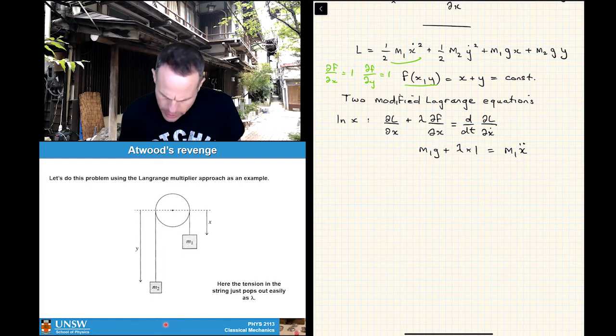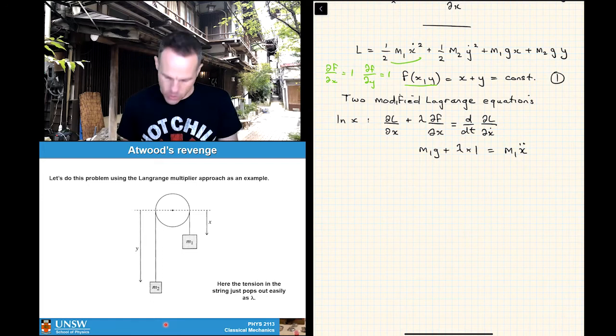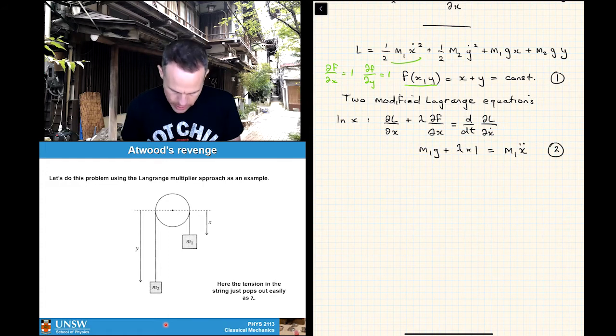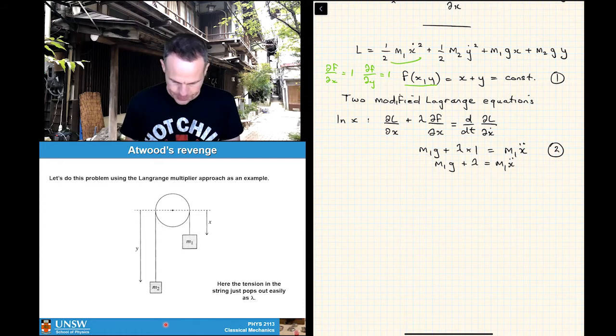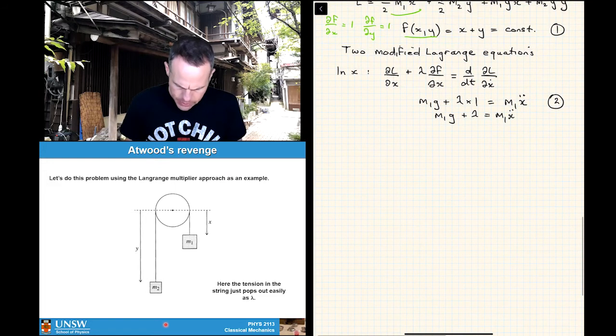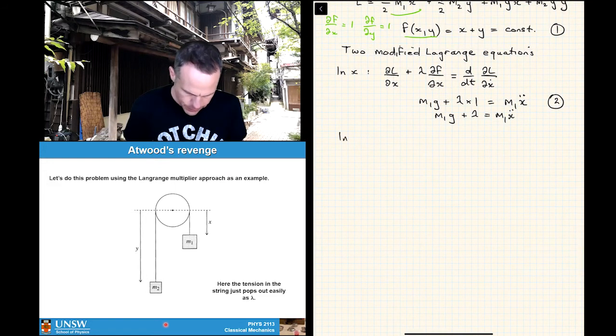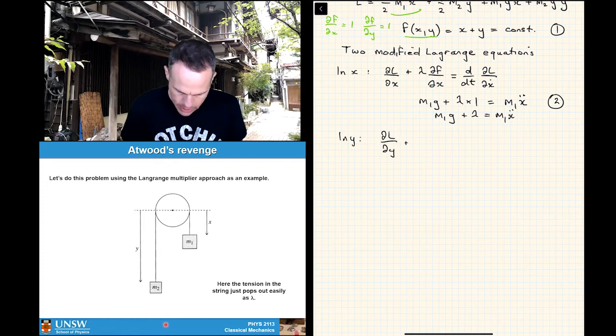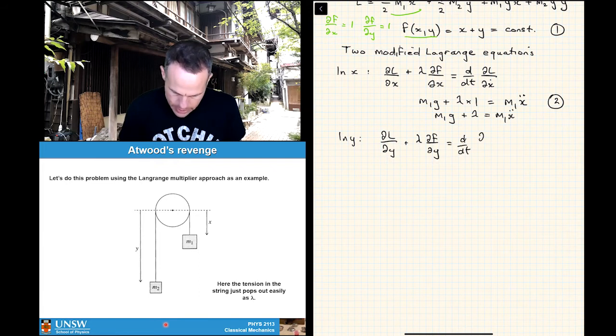So let's number these equations. This is number 1, our constraint equation. This is number 2, our first Lagrange equation, okay? And we can just write this as m1g plus lambda is equal to m1 x double dot. And then we've got exactly the same thing in y. So dL/dy plus lambda dF/dy is equal to d/dt dL/dy dot, okay?